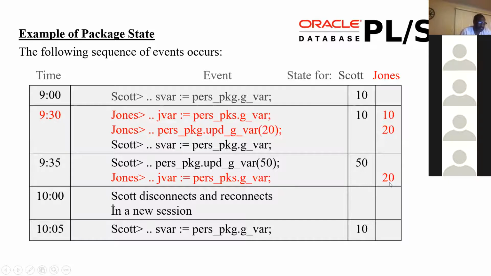So it's 50 for him, but it does not change for Jones. Excuse me, it's still 20 here. And then Scott disconnects, so his session is gone. If Jones is still connected, his value is still 20. Then Scott comes back on, so it resets because he closed his session. The 50 goes away, so now it's back to 10. Does that make sense to everyone, that whole sequence there? Any questions?